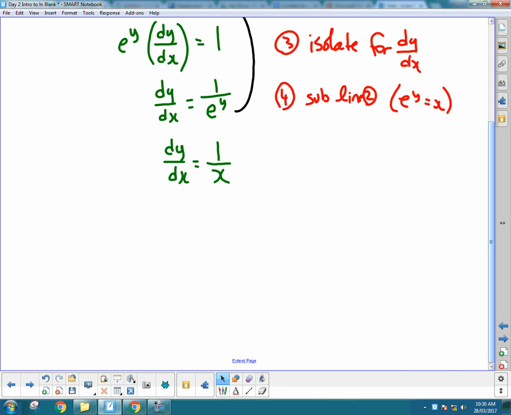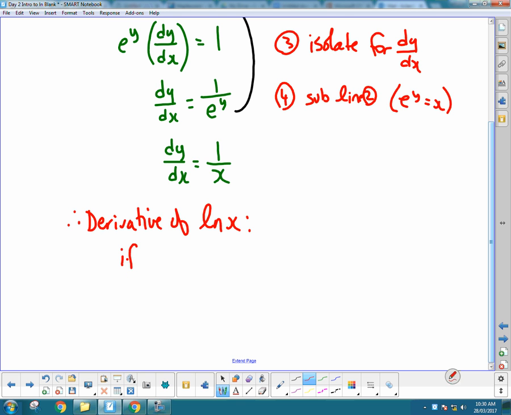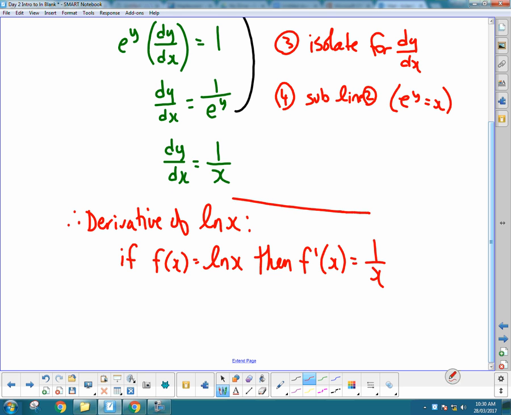So it turns out, therefore, the derivative of ln x is this. If f of x equals ln x, then the derivative is equal to 1 over x.